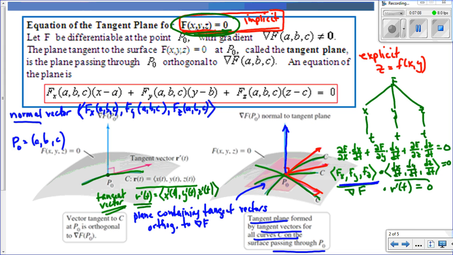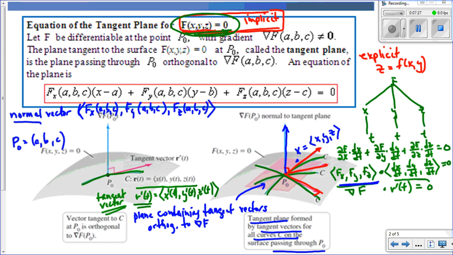Okay, so now just to get the equation of the plane, I'm going to take a random point on the plane. I'll call it x, and in vector form, that point would be (x, y, z). Or you can think of it as the point (x, y, z).